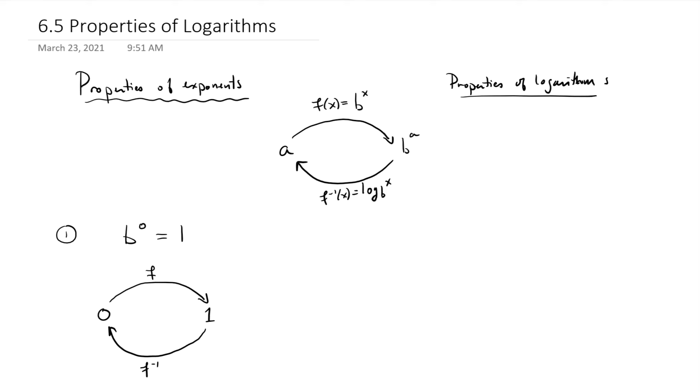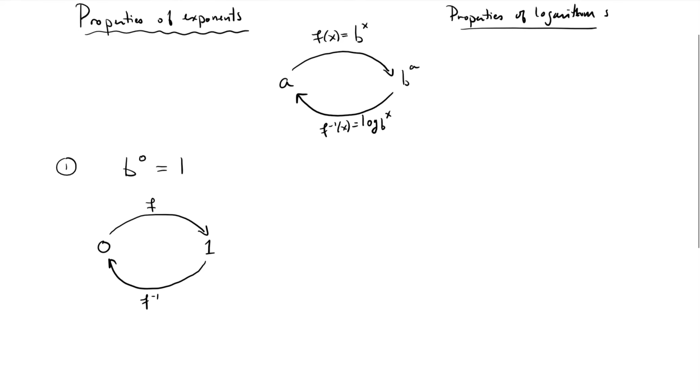If (0, 1) is a point on the graph of f, then (1, 0) is a point on the graph of the logarithm. So in terms of logarithm, the log in base b of 1 is going to give us 0.